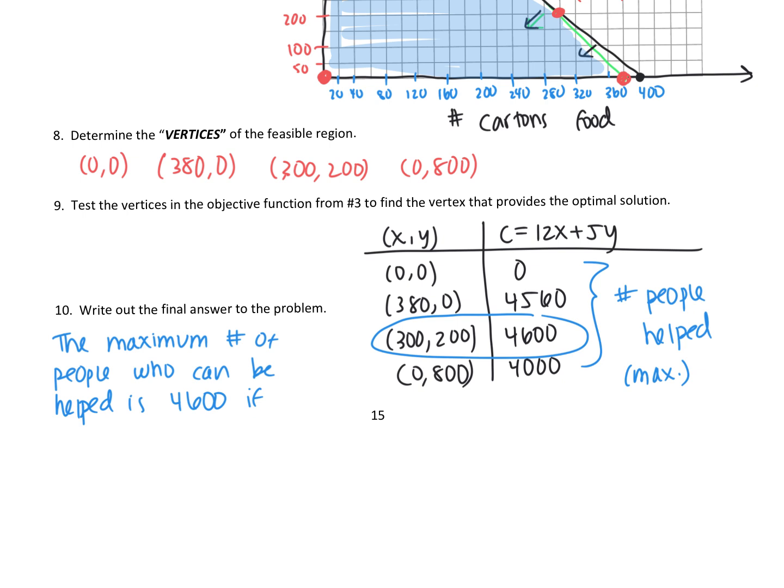X, if we remember, is the number of cartons of food. So if 300 cartons of food and 200 cartons of clothing are shipped.